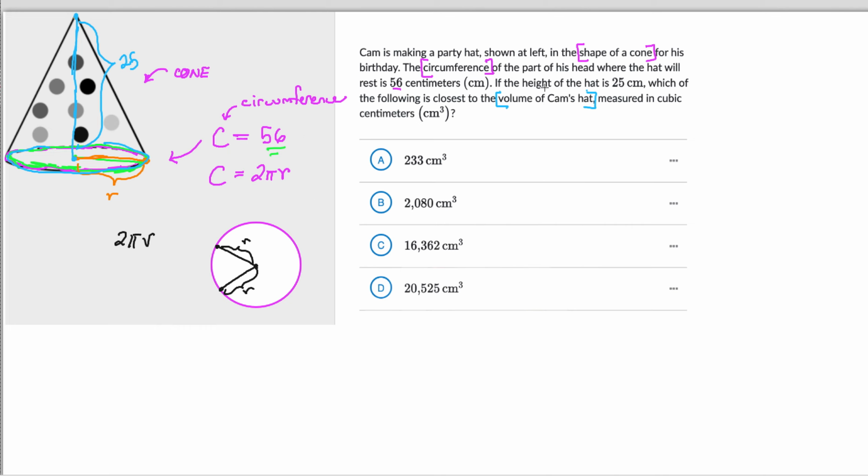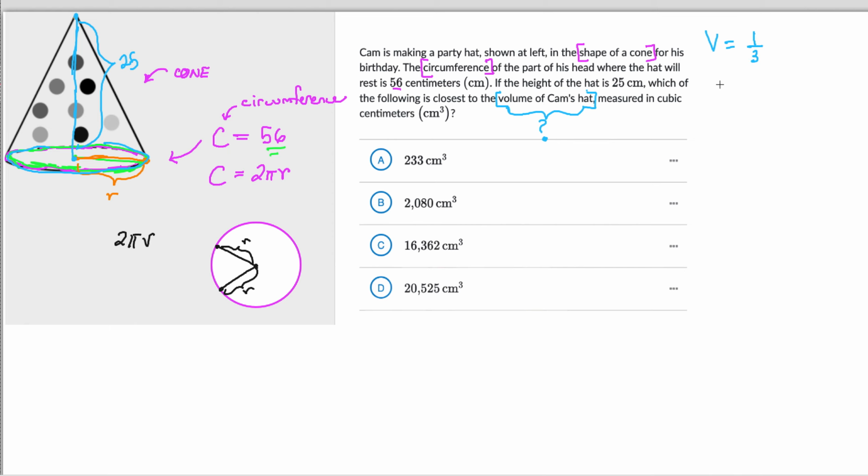If the height of the hat is 25 centimeters, so I put that as the height, it's 25 centimeters. Which of the following is the closest to the volume of Cam's hat? So what are we looking for? The question mark is the volume of Cam's hat. So let's say I didn't know anything else. Volume of Cam's hat, I know it's a cone. What is the formula for volume of a cone?